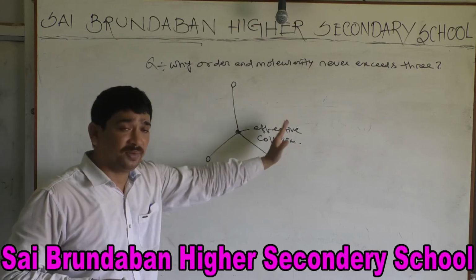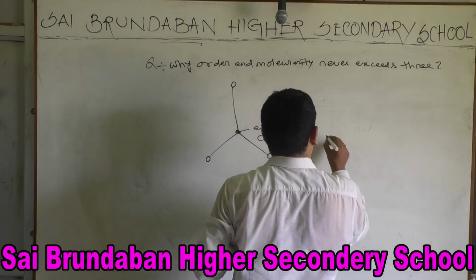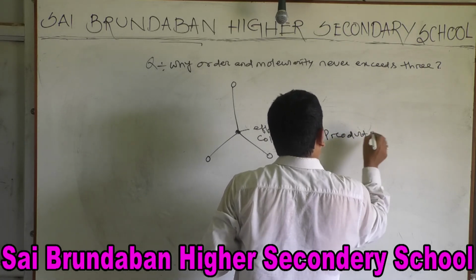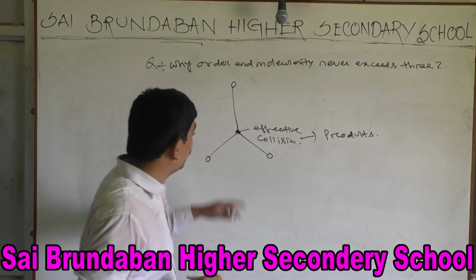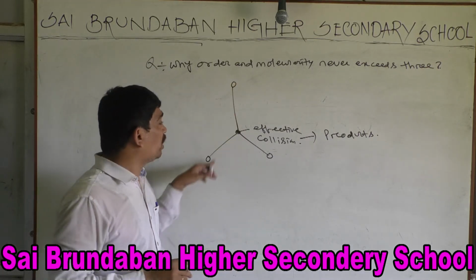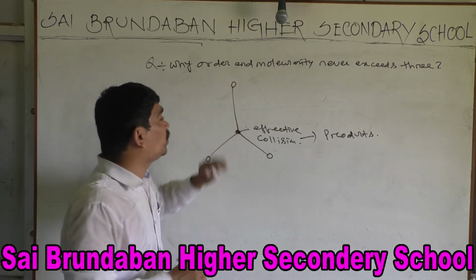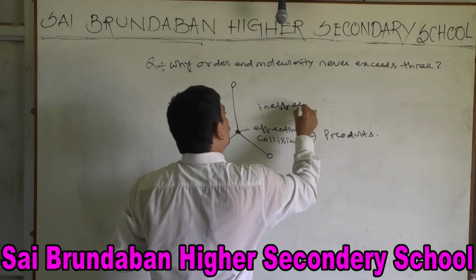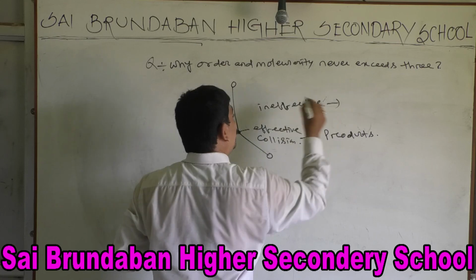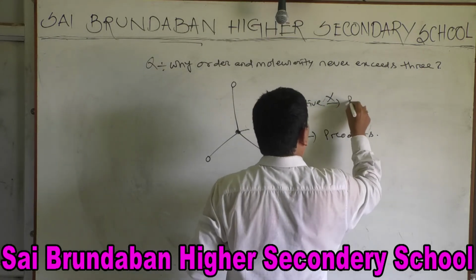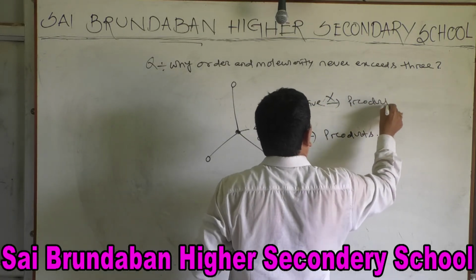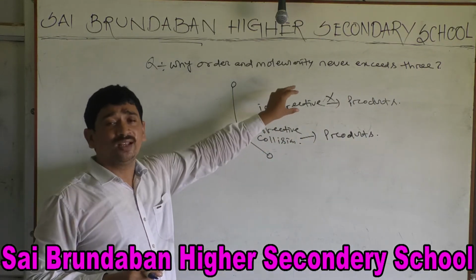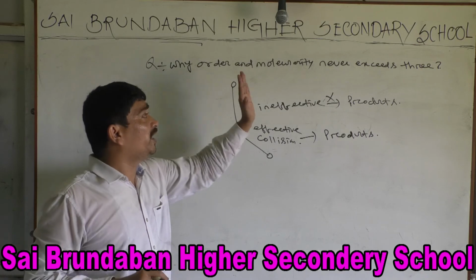If this collision occurs, that is an effective collision. When the collision is effective, that gives rise to product. So if more than 3 molecules come to collide at a particular place, this collision is ineffective. When the collision is ineffective, that does not give rise to product. When that does not give rise to product, we cannot predict order and molecularity of this reaction. So order and molecularity never exceed 3.